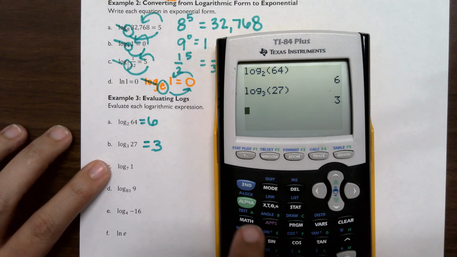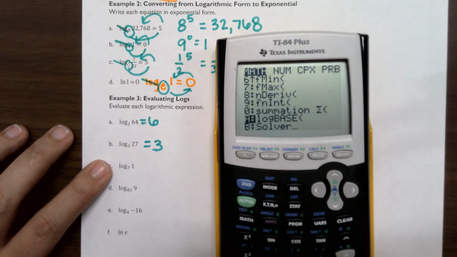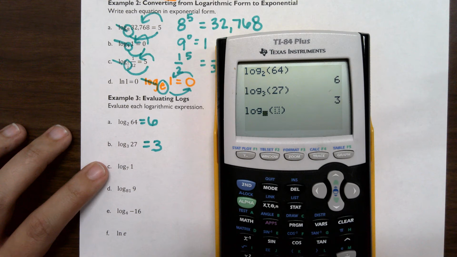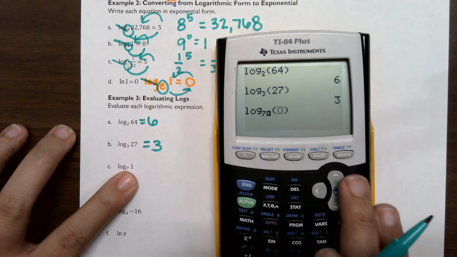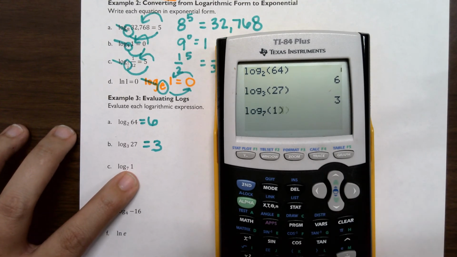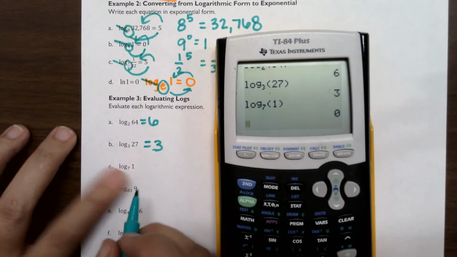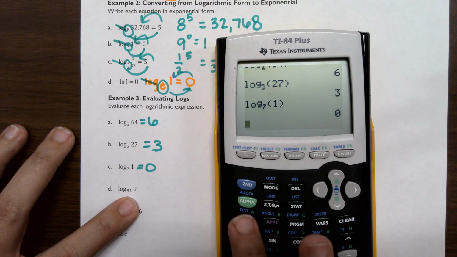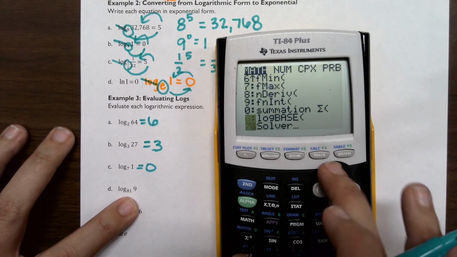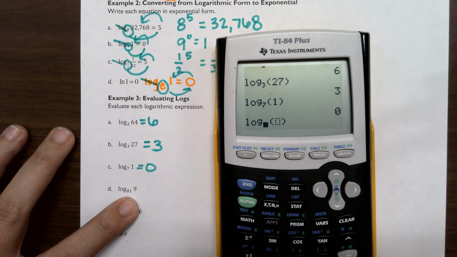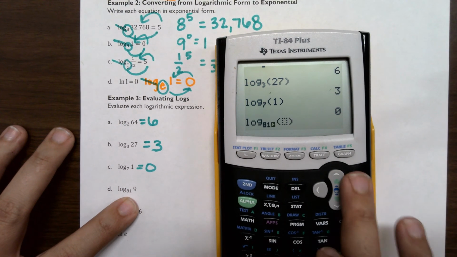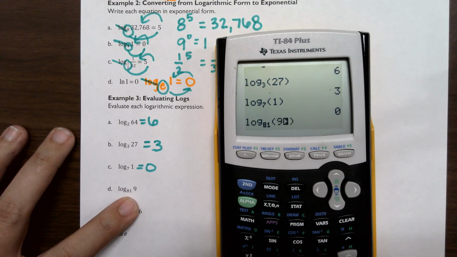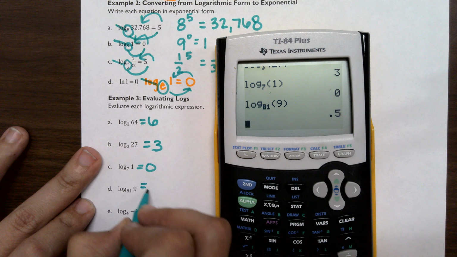The next one, math, log base 7 of 1 equals 0. The next one, go to math, log base 81 of 9 equals 0.5.